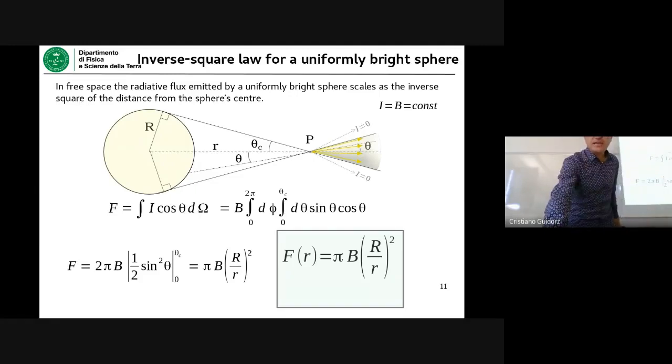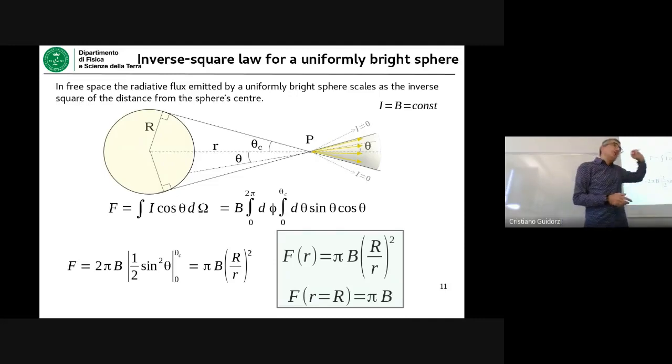So in particular, if you replace r with capital R, so you go to the surface of the object, you can express the flux as a function of intensity. And there's a pi. So the flux of a uniform Blériot sphere on the surface of the object itself is just the intensity, B, times pi. This is an easy, handy result, which we will be exploiting a few times in the following.